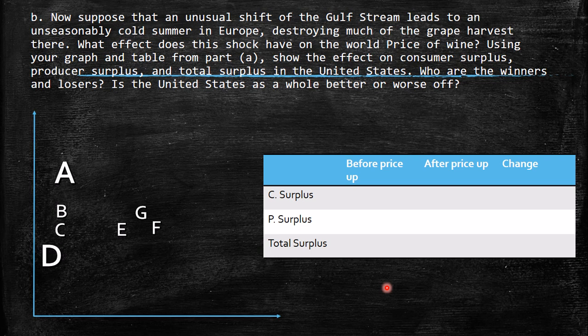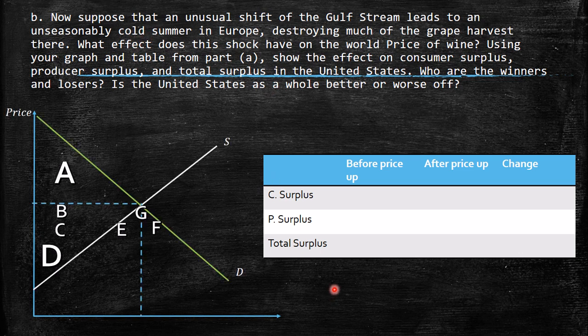Now we're going to represent this change of the world price in the wine market in the United States. Here I'm going to outline a table with before the price went up and after the price went up due to the Gulf Stream and the unseasonably cold summer. Okay, so here we have the supply and demand. Remember, this is the United States market.